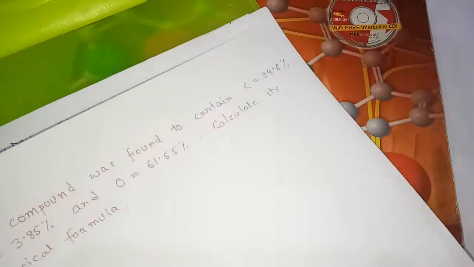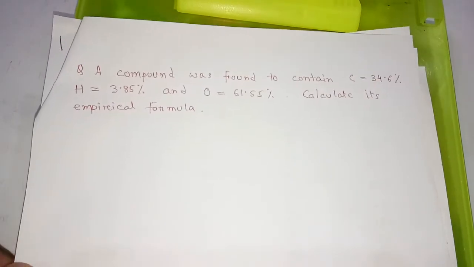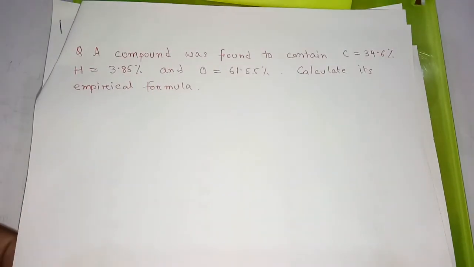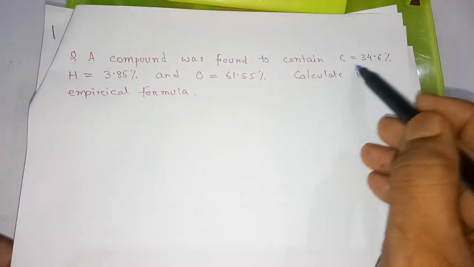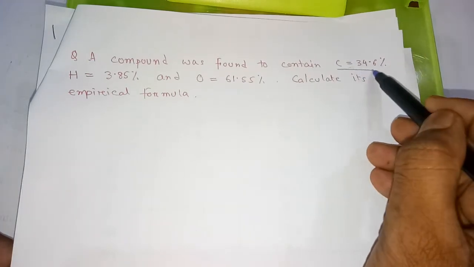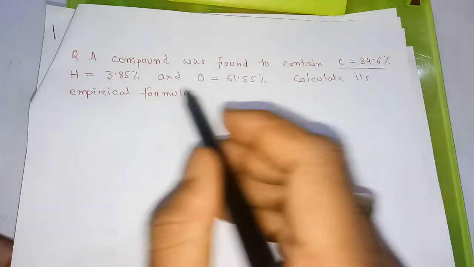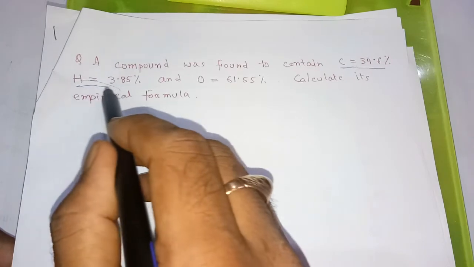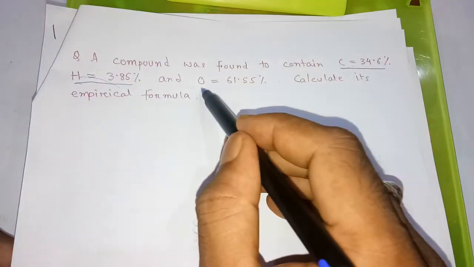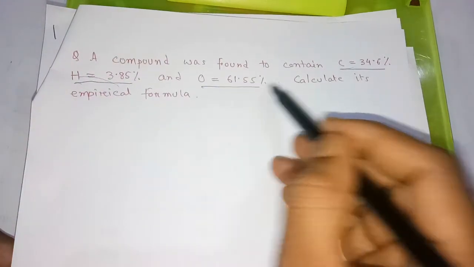Now we are solving one problem based on this. The problem is, a compound was found to contain carbon 34.6%, hydrogen 3.85%, oxygen 61.55%.